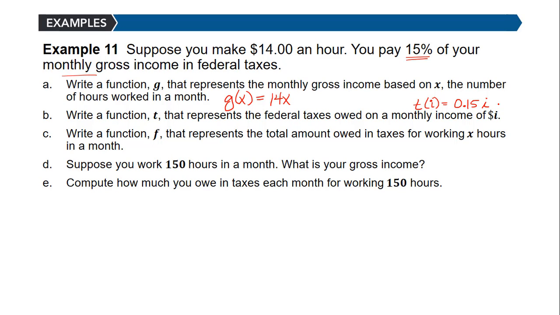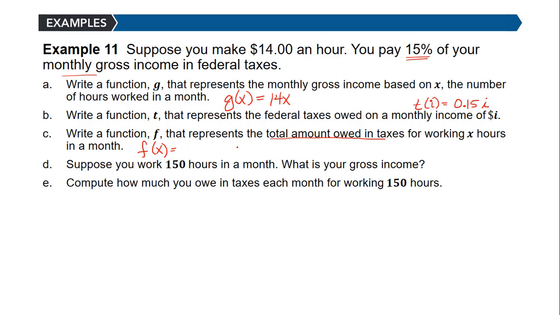And then we want to write a function F that represents the total amount owed in taxes for working x hours in a month. So now we're looking at what f of x is, but to get the total amount of taxes, we first have to compute what our monthly gross income is and then figure out the taxes on that. So this is where we see the composition take place.